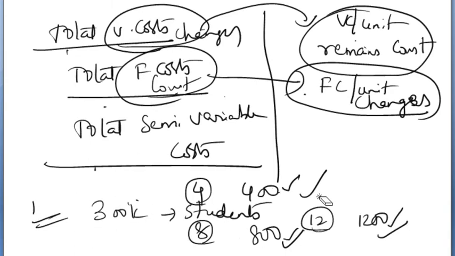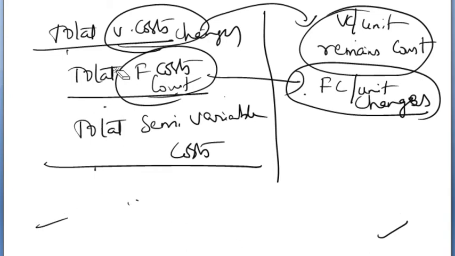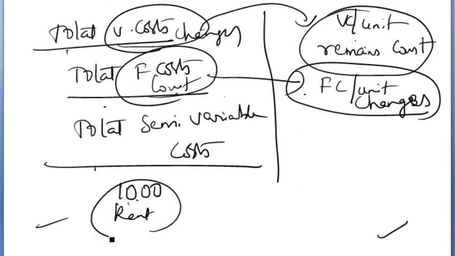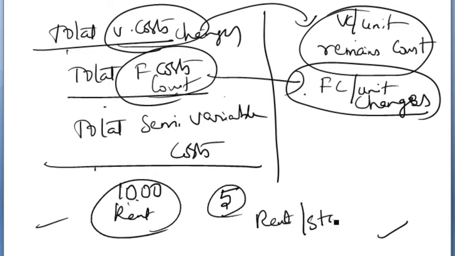What is the example of fixed cost that we have seen right now? We have seen rent. And I've said that rent was how much? Let's say 1000 rupees is the rent. This is rent, which is fixed. First, you have 5 students. Then, what is rent per student? 1000 divided by 5, isn't it? So, how much you get, Nana? 200.